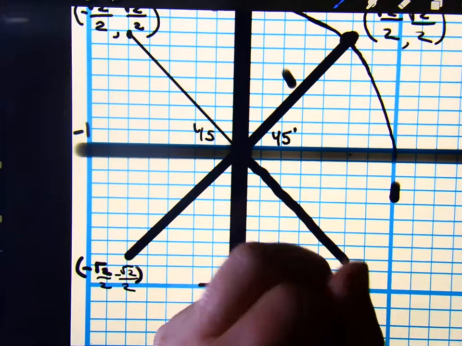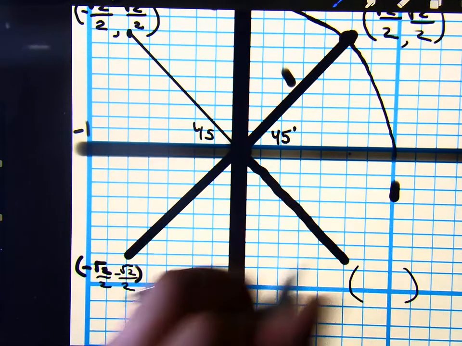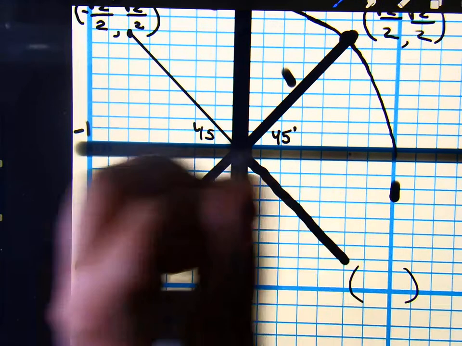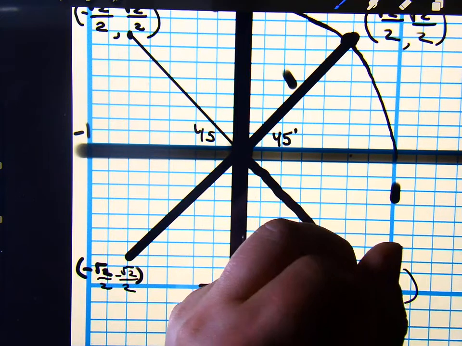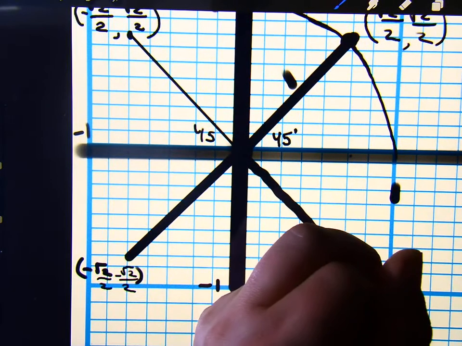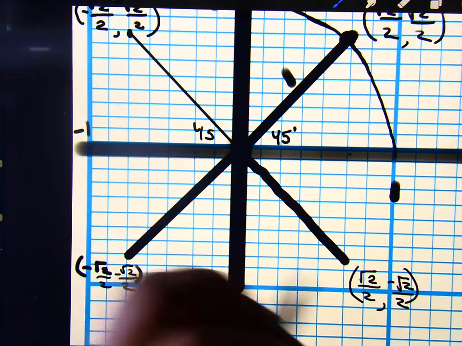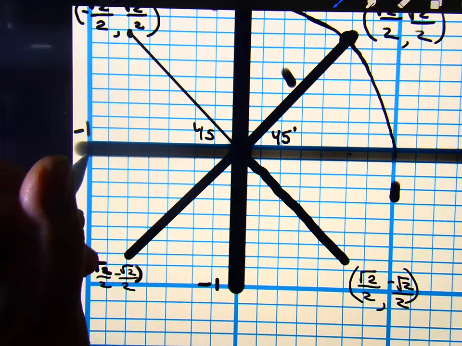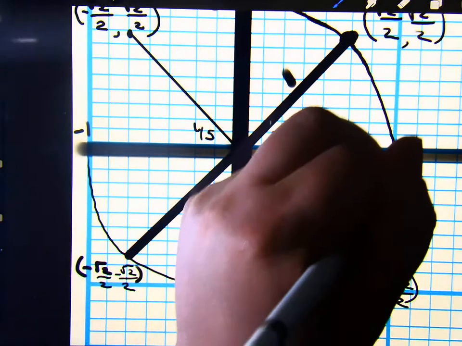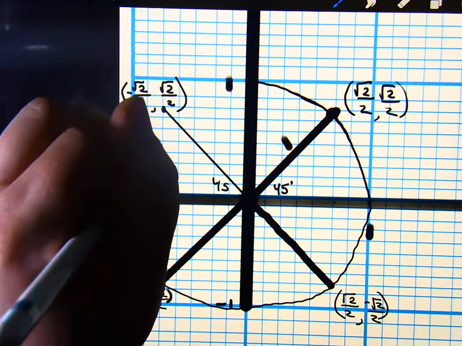And just like any other coordinate, if I come over here, my x is now positive, but my y is negative, so it's going to be a positive cosine, square root 2 over 2, but I'm going to add a negative sign, so negative square root 2 over 2. So that's the concept, that's the construction and where it comes from of our unit circle.